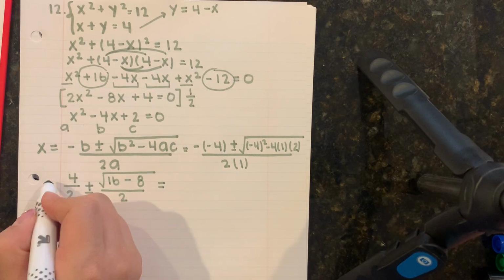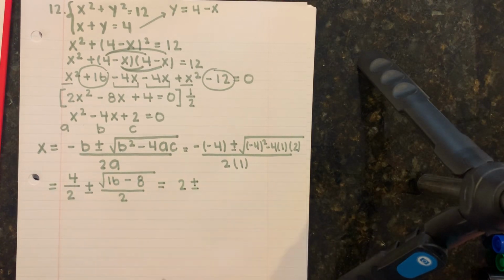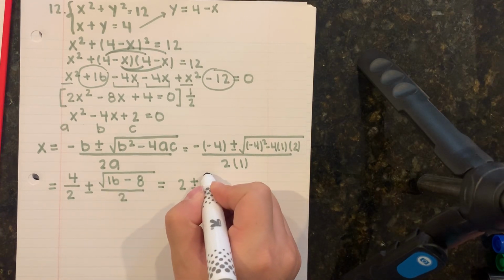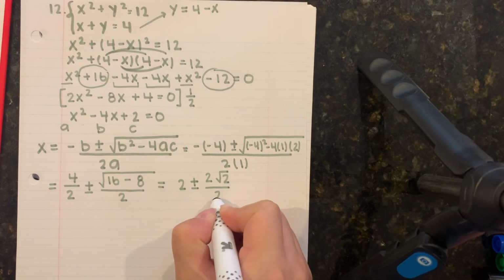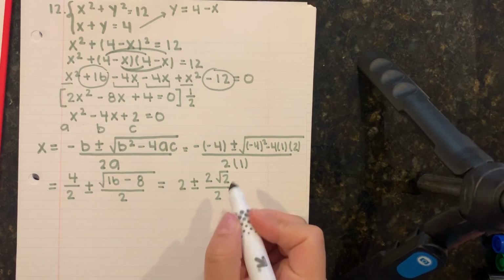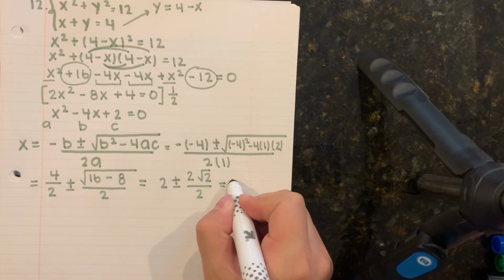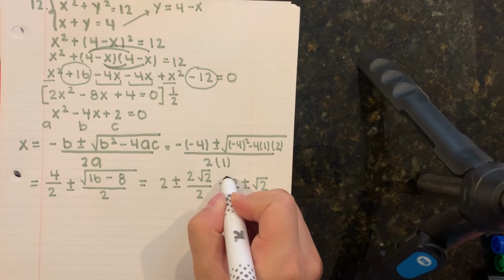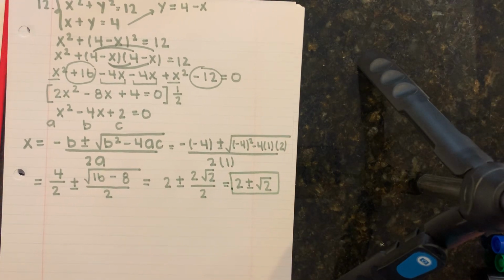I can simplify 4 over 2, which would just be 2. 16 minus 8 would be the square root of 8. And I know that the square root of 8 is simply 2 times the square root of 2, divided by 2. And then those 2's would cancel. So I am left with 2 plus or minus the square root of 2. And that's going to be my answer for what x is equal to.